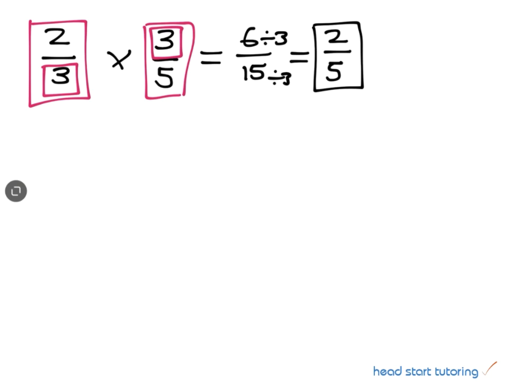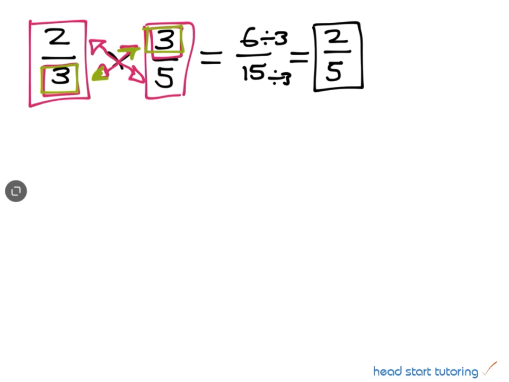Now cross cancelling, what we can do is the multiplication sign helps us because it almost points to the numbers that we must consider. So firstly, we look at this, it's pointing to this 3 and to this 3. So this numerator and the opposite denominator, we see whether we can simplify between those two numbers. So that is called cross cancelling.